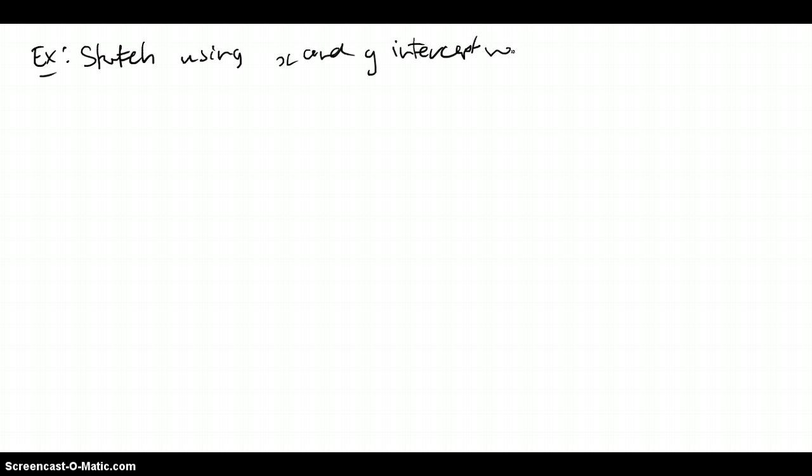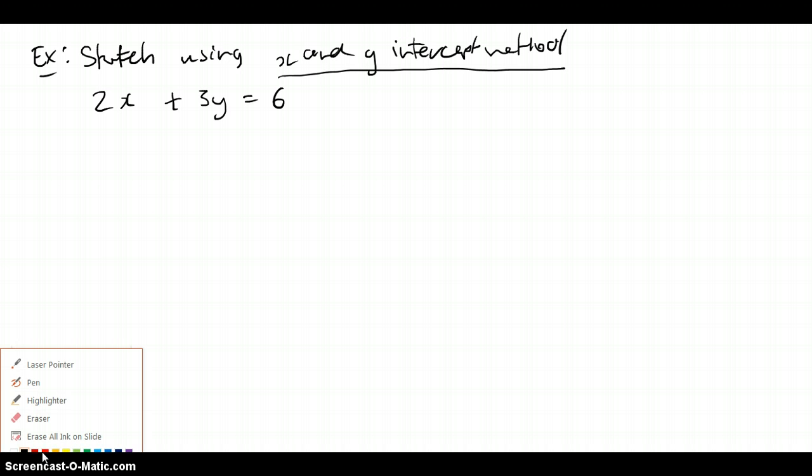The first example I'm going to give you is sketch using X and Y intercept method. So to sketch using x and y method the graph 2x plus 3y is equal to 6. So this is our question: 2x plus 3y is equal to 6, and we want to sketch a graph for that.